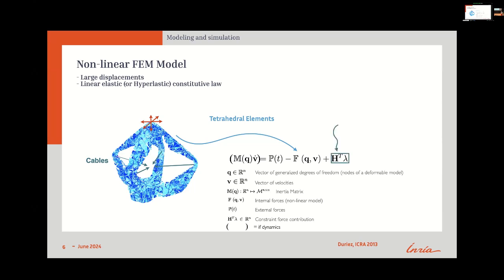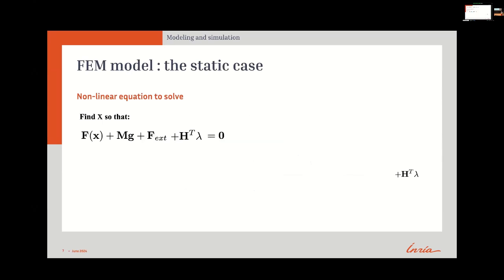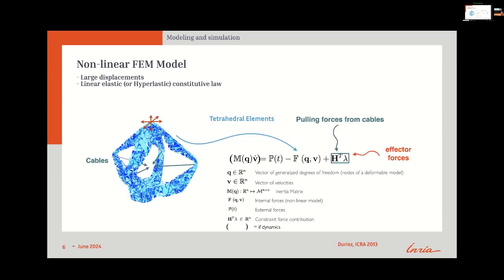And an important part is that the pulling force on the cables appears as a Lagrange multiplier, as well as the force we apply on the effector.